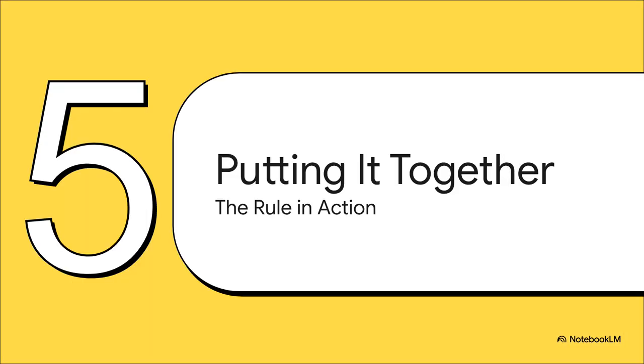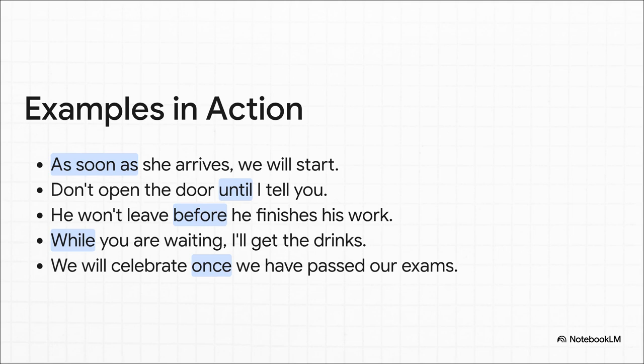All right, let's put it all together now. We've got the golden rule, we've got the choice between present simple and present perfect, and we've got the whole if versus when thing. Let's see some more examples in action. Okay, look at all of these. Notice the pattern? It's always there. As soon as she arrives, not will arrive. Don't open the door until I tell you.